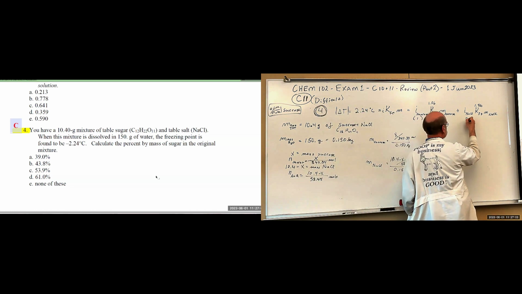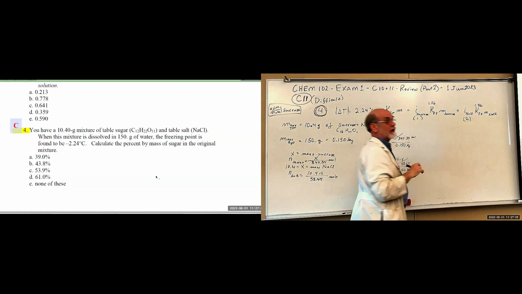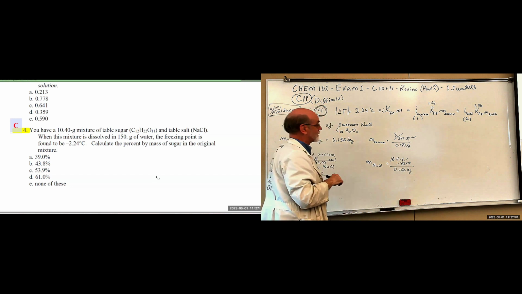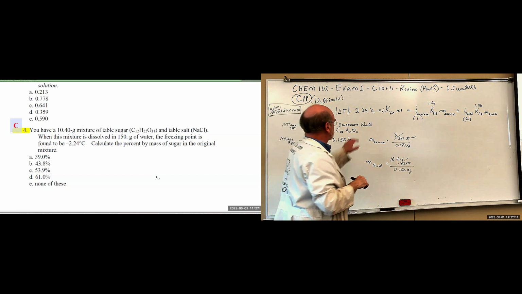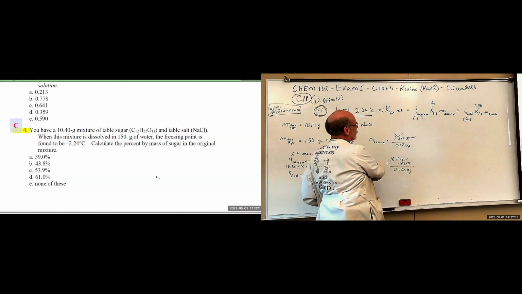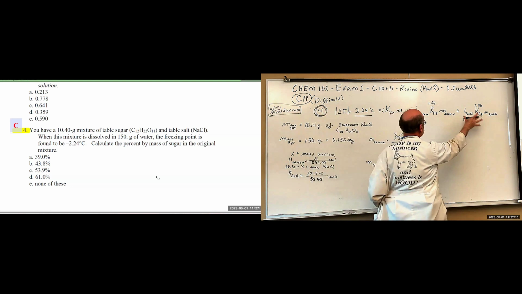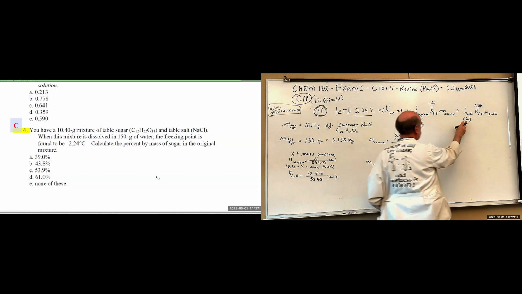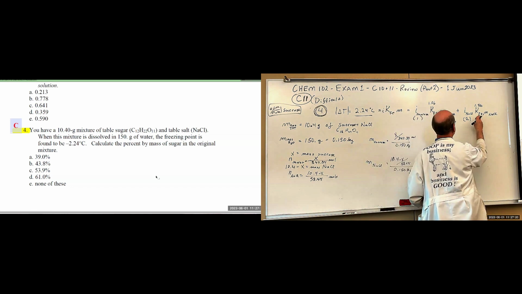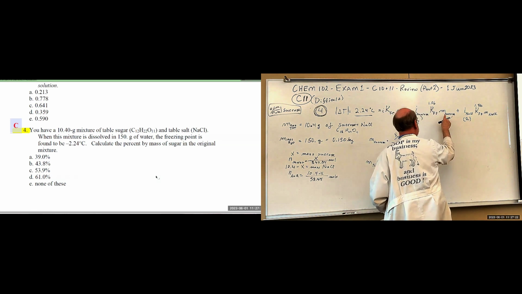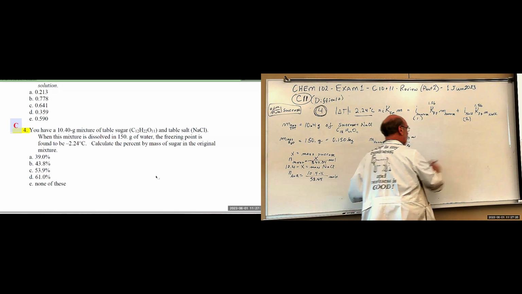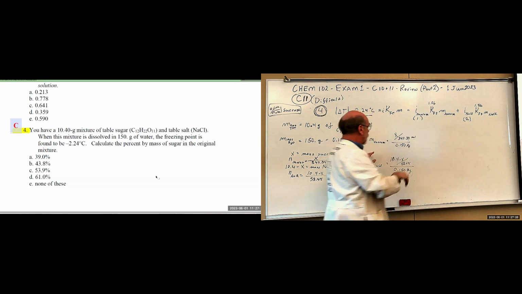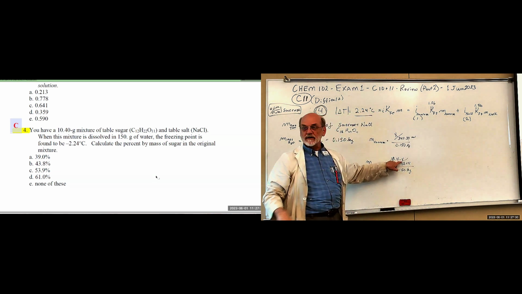This value is 2 because sodium chloride does dissociate. So this value here is equal to this one plus that one. We know all these values. If we substitute in the molalities, we have an equation in one unknown, X.